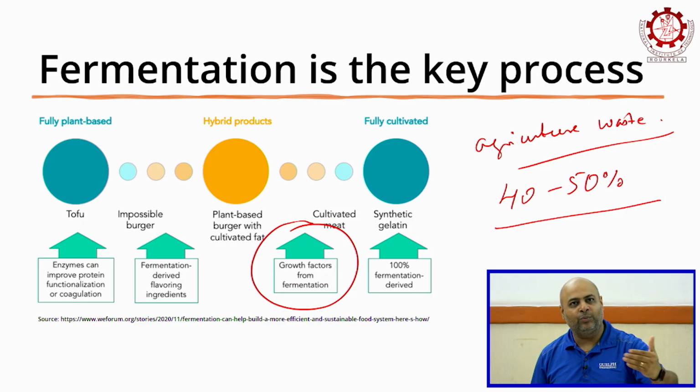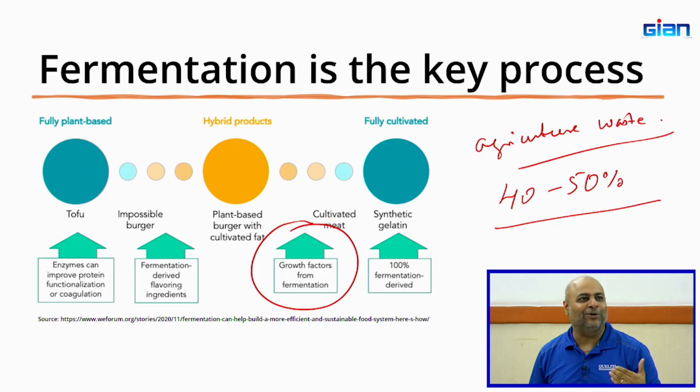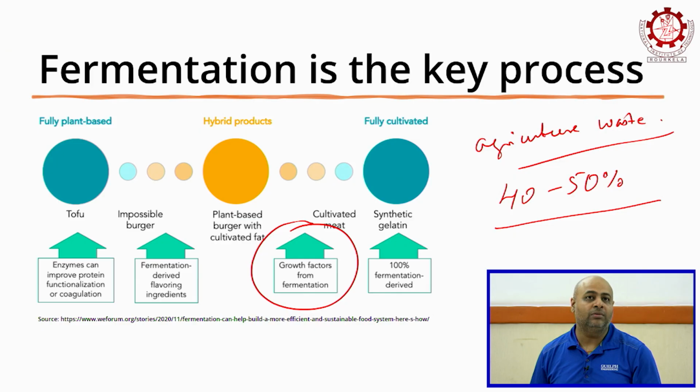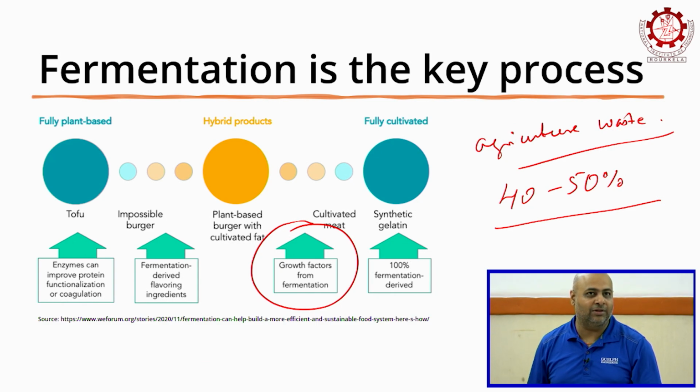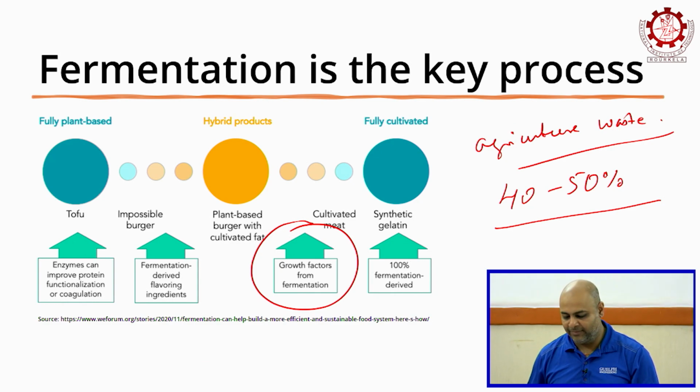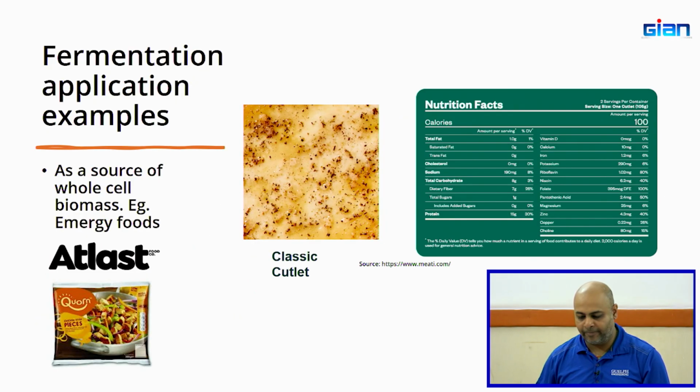Now, if all that waste can be used as a feedstock for your fermentation process, because it still contains nutrients that can be used by the microbes to grow, you would be able to reduce the overall cost of production. And if you are able to use those to grow your growth factors, suddenly your production cost from $4 million will reduce to 200,000 or even less.